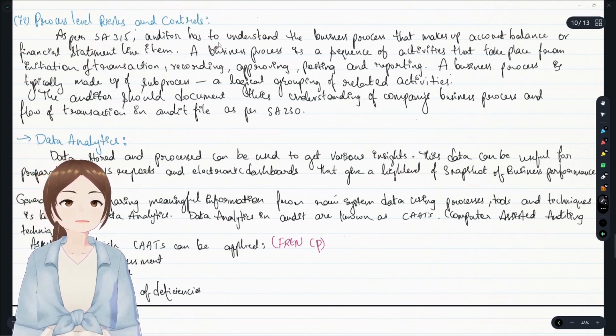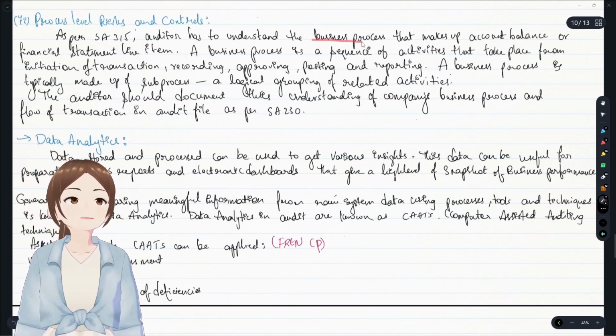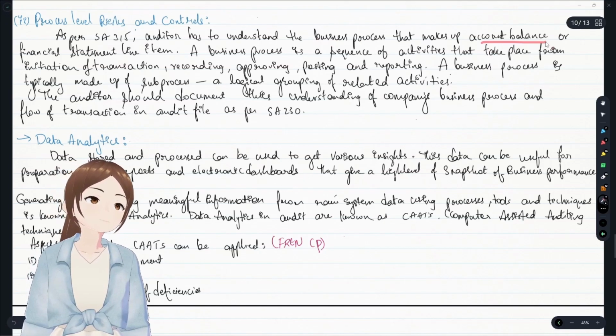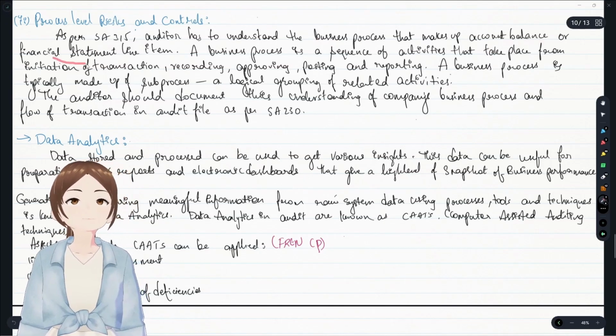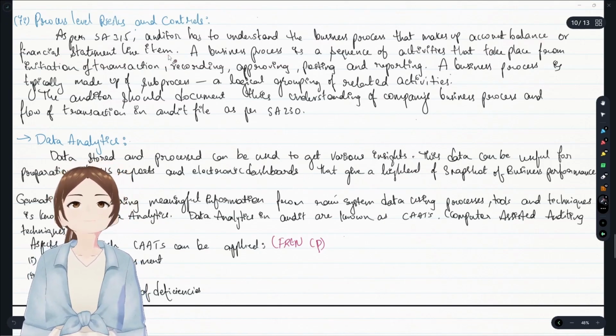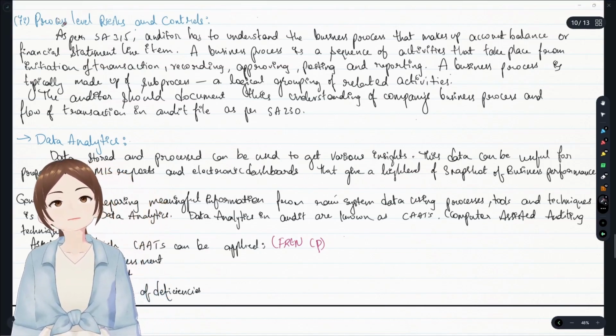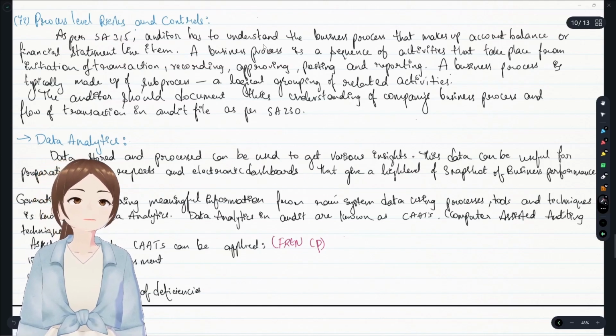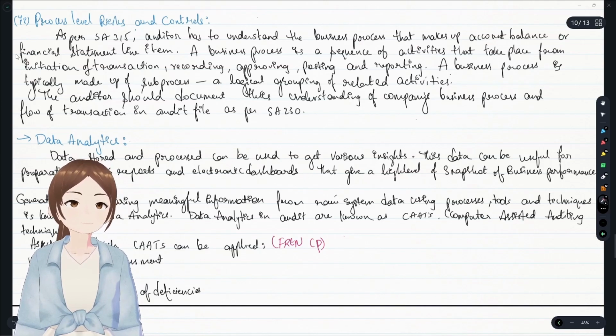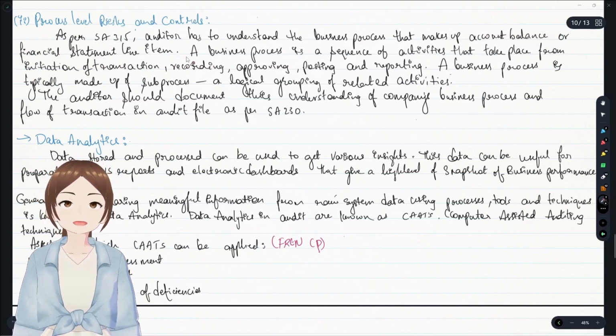Process level risks and controls. As per SA 315, the auditor has to understand the business process that makes up an account balance or financial statement line item.